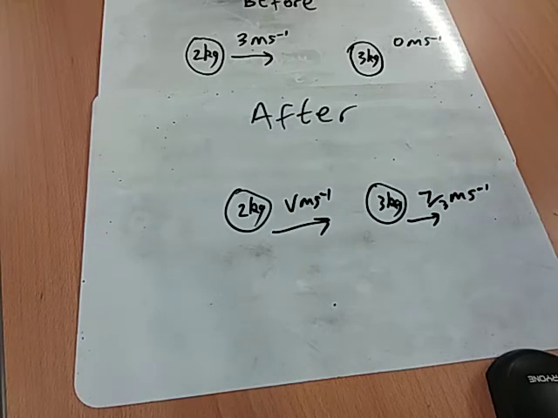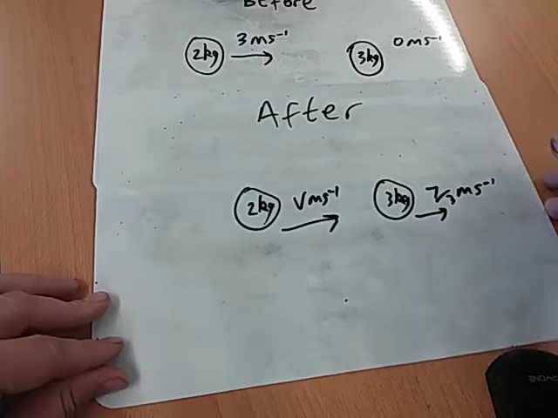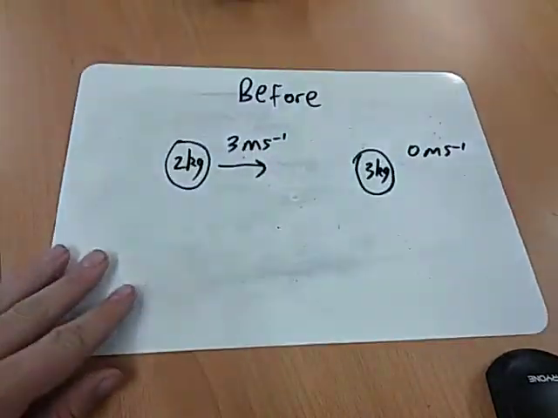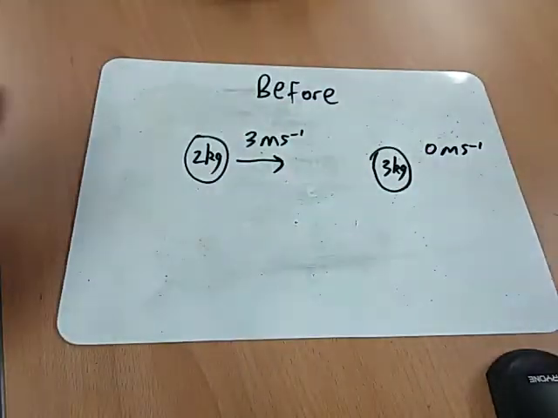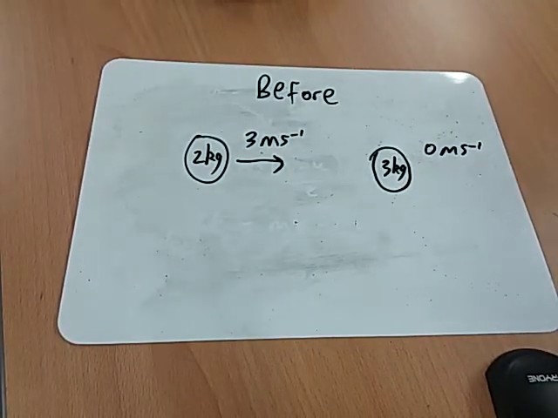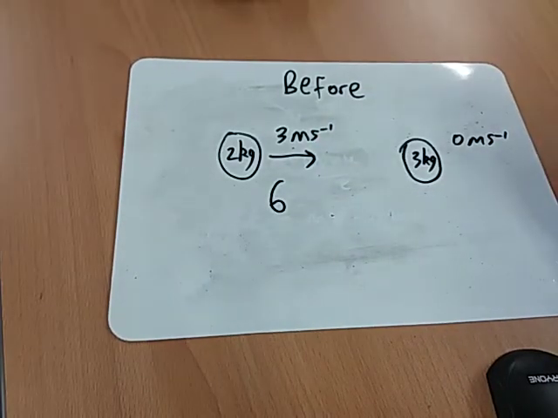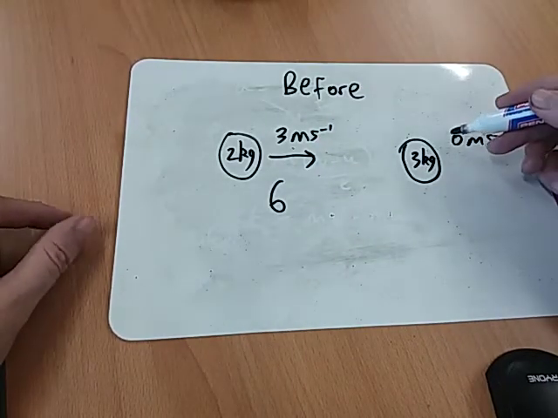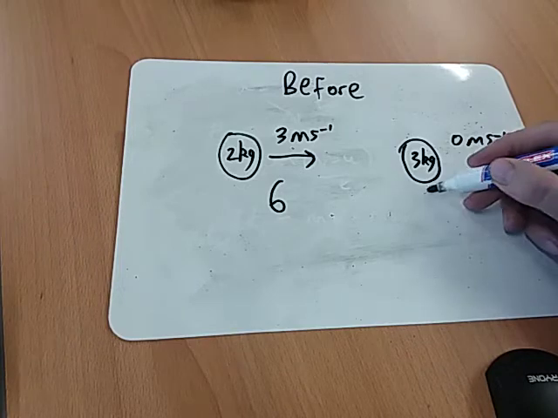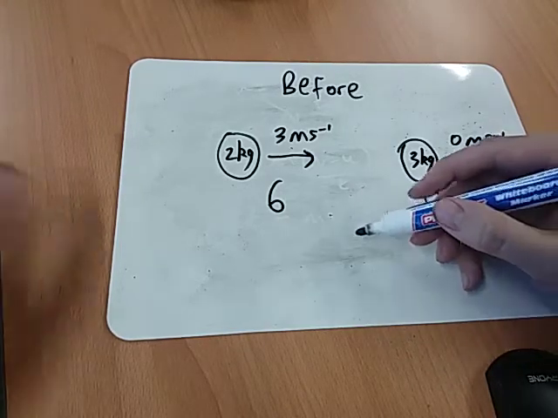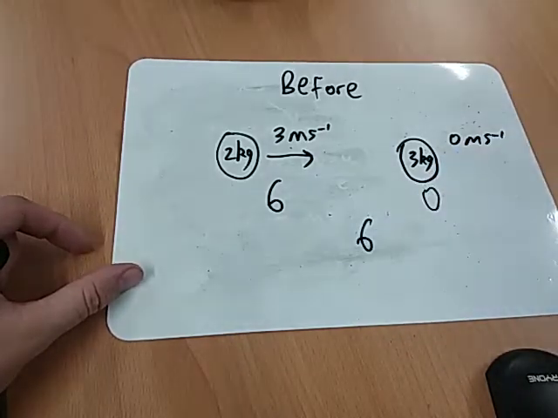The first thing to do here is work out what V is. Well, we can work out the momentum before and the momentum after. So let's work on the before first. Momentum is the mass times the velocity. So the momentum of this one would be 6 kilogram meters per second. The momentum of this one, it's got 0 velocity, so its momentum is 0. And so the total momentum before was 6.